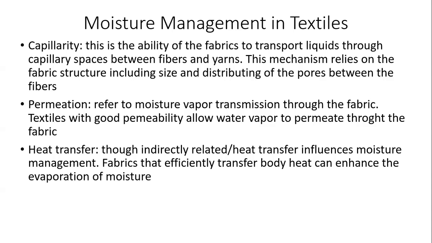So with all these 7 key moisture transportation mechanisms, having a very good, sound knowledge about how they happen, what the physics behind them is, and how you can engineer the material to improve these mechanisms is very important if you are into developing a textile material with good moisture management property.